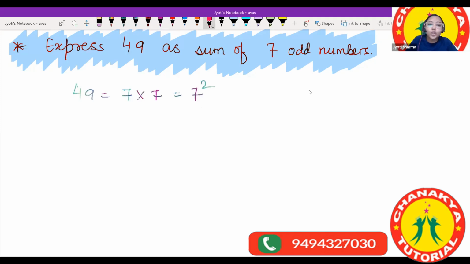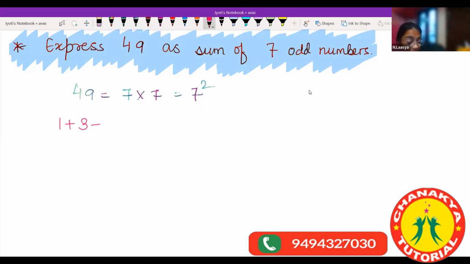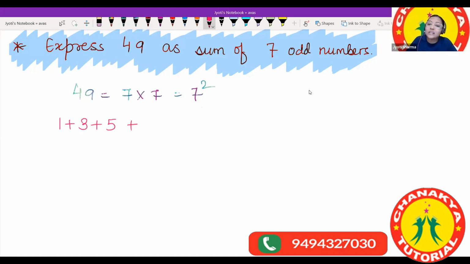You have to write the first 7 odd numbers: 1, 3, 5, 7, 9, 11 and 13. That's your answer. Okay. Charan, wrong answer.